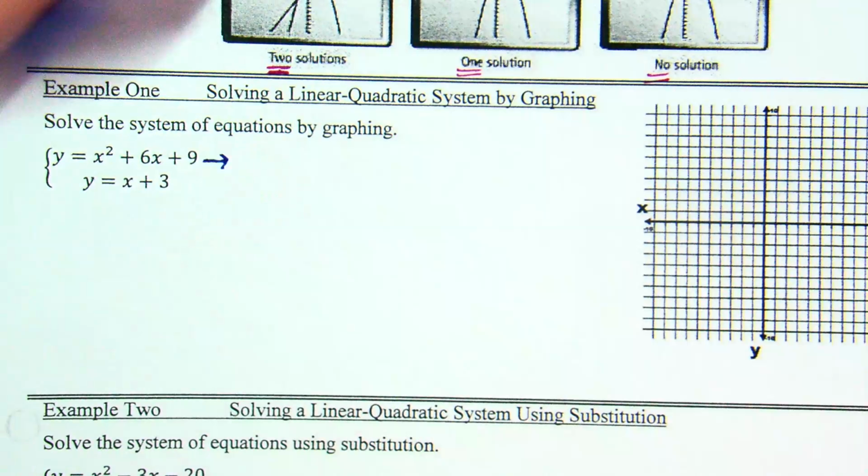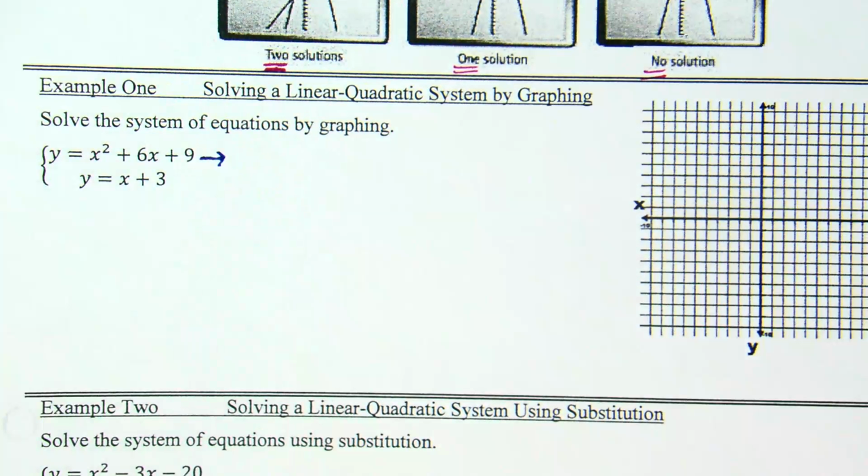How do we graph y equals x squared plus 6x plus 9? Not the quadratic formula. We want to graph this.